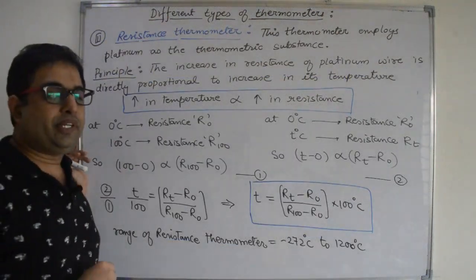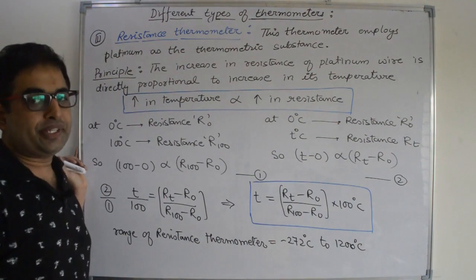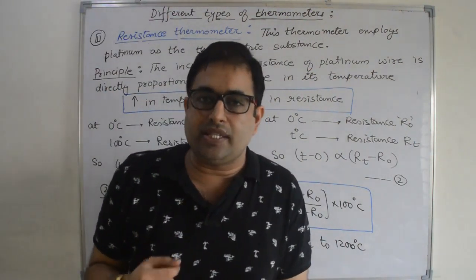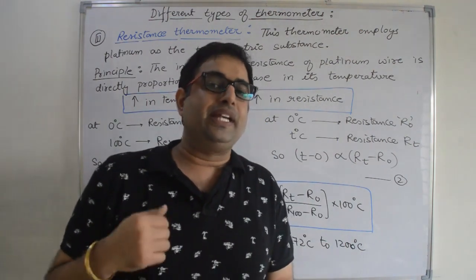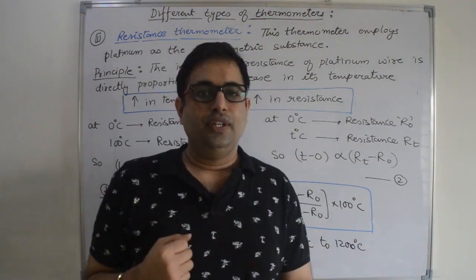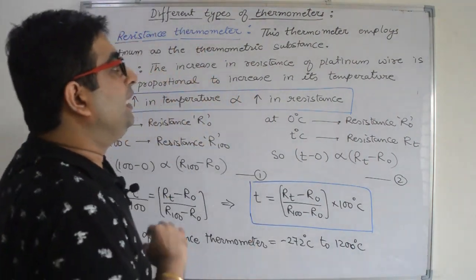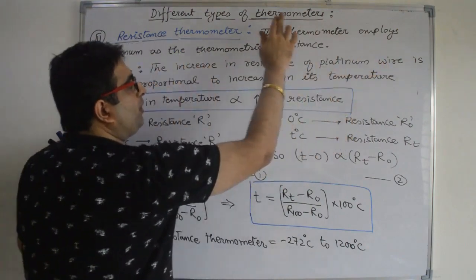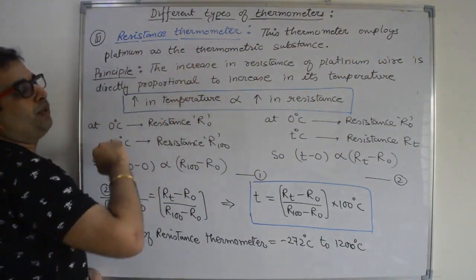Third type of thermometer is the resistance thermometer. This is based on the concept that as we increase the temperature of a metal, its resistance increases. So in this type of thermometer, we need some material whose resistance will change with temperature. And here we employ platinum as the thermometric substance.